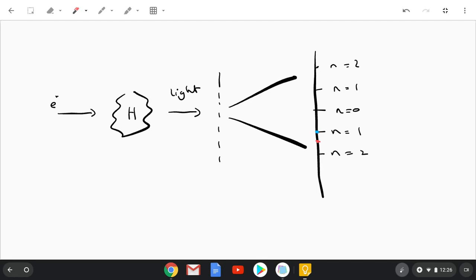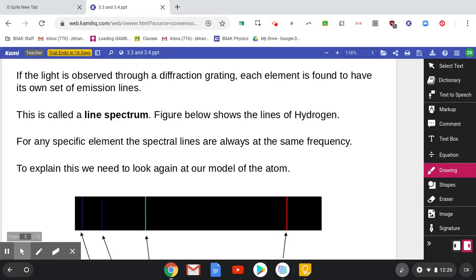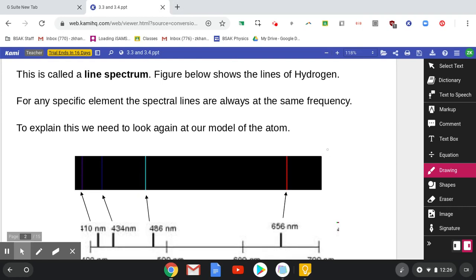So we do not have all the wavelengths from blue all the way up to red. We only have specific wavelengths given off, and the n equals 1 order on the screen will appear like that.